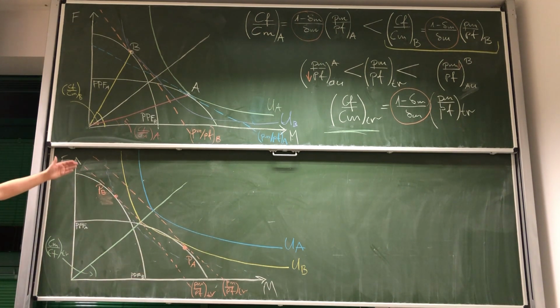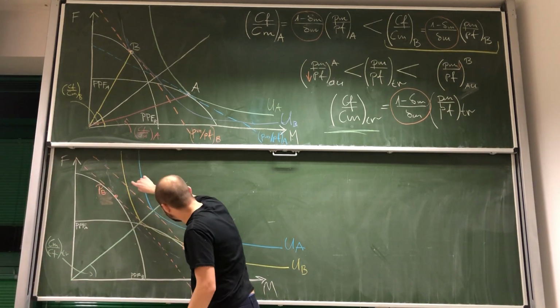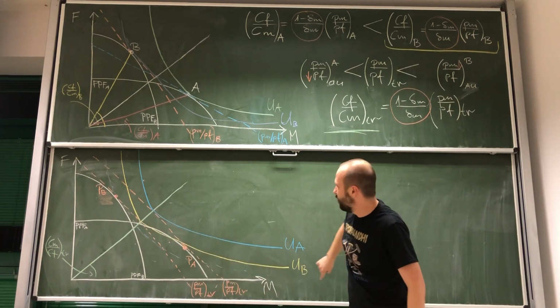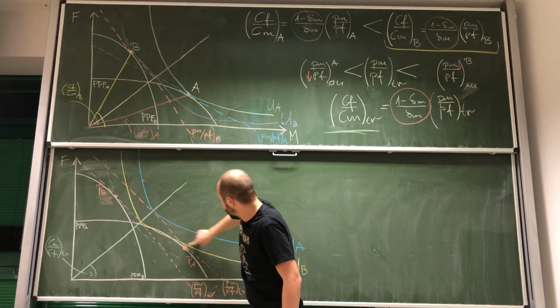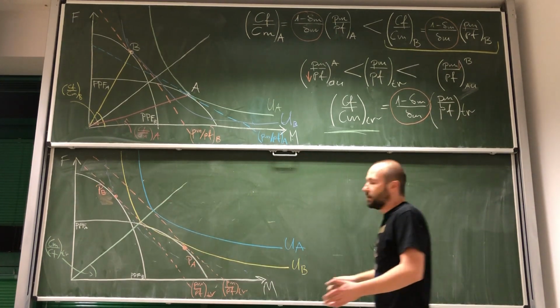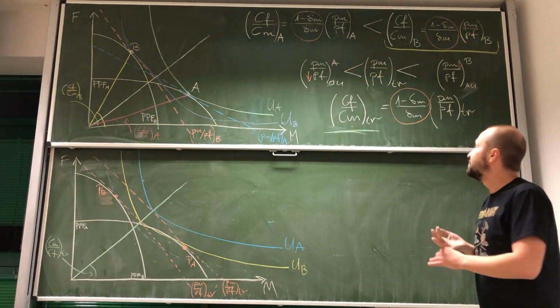And clearly we can see the same for Austria, because for Austria, this indifference curve would be going somewhere over here. So the customers are better off in both countries.